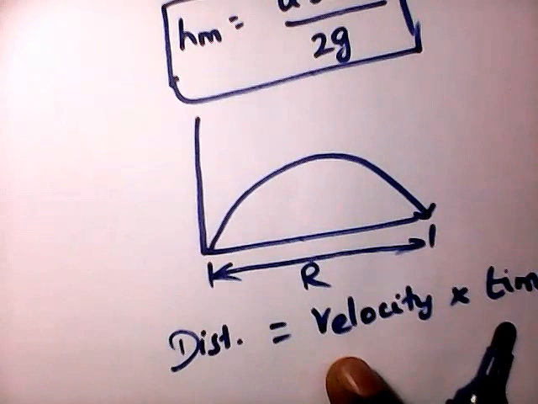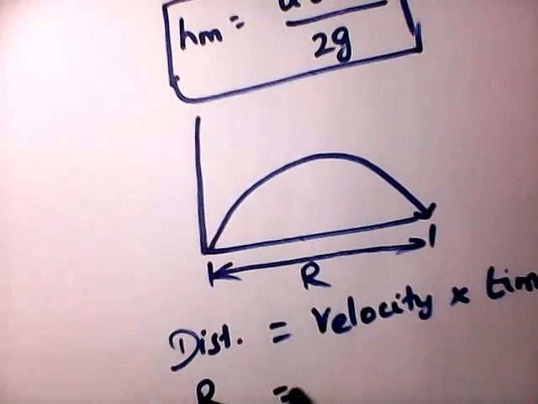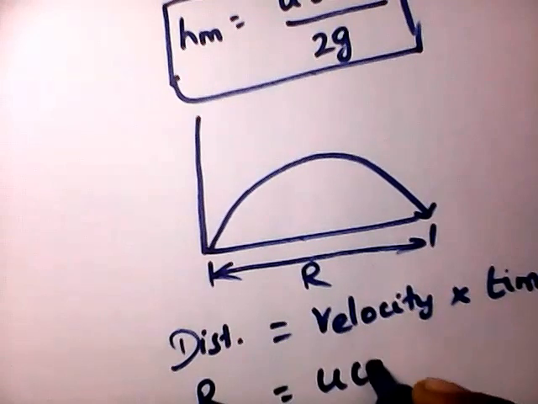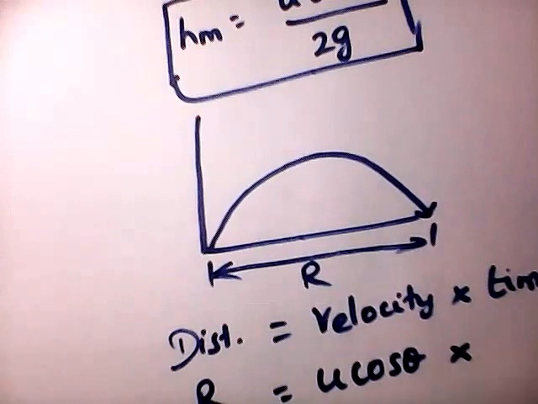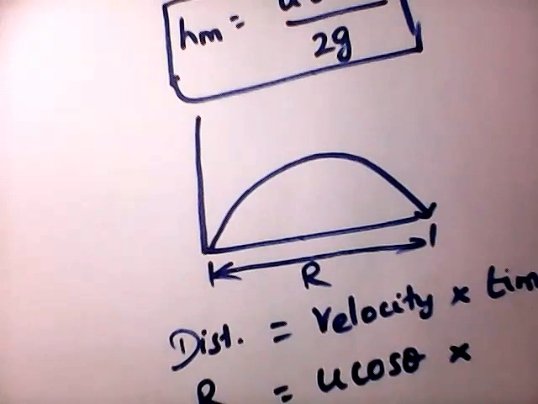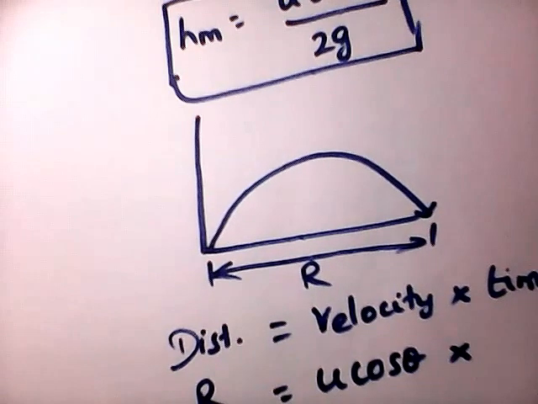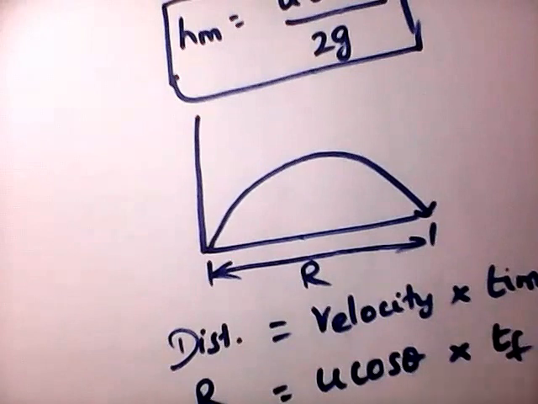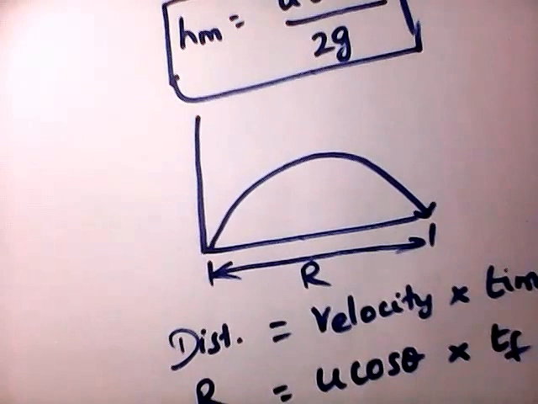For horizontal distance, u cos theta is responsible, and the time is the total time Tf.